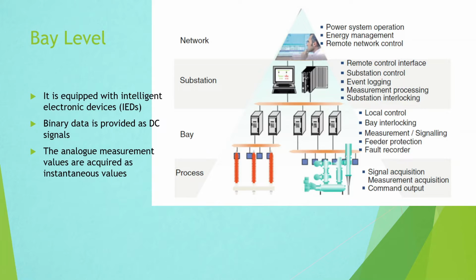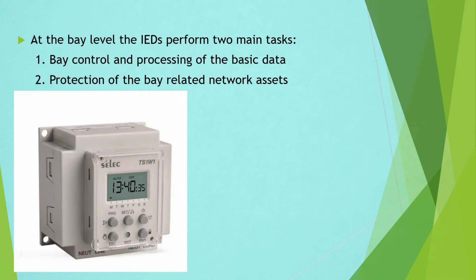The analog measurement values are acquired as instantaneous values normally sampled in the range of 1 millisecond. Special disturbance or transient recorders may offer significantly higher sampling resolutions. The bay level IED performs two main tasks: bay control and processing of basic data for the substation automation system and data exchange with the substation control level.